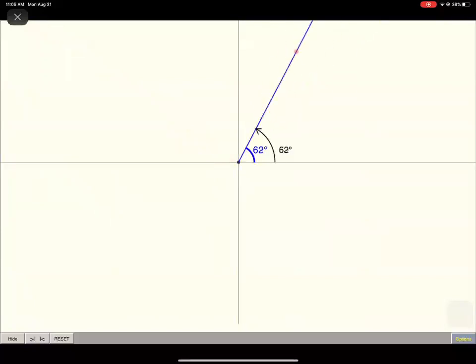Let's take a look here. I'm going to drag this point around. The reference angle and the angle in quadrant 1 are exactly the same because we're always going back to horizontal. So the angle is 50, the reference angle is 50. But what if I go past to quadrant 2?